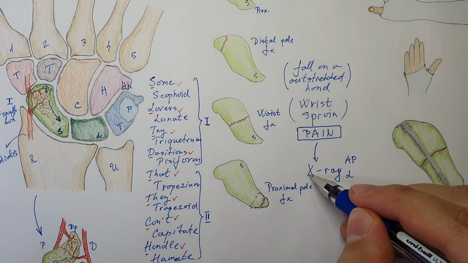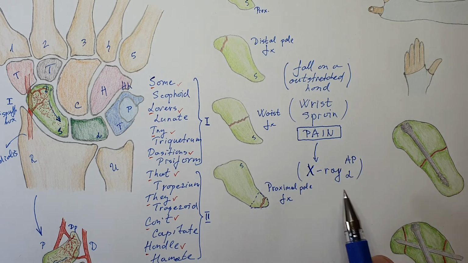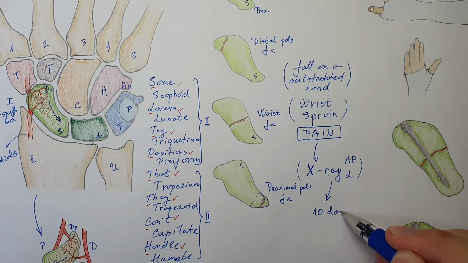This is the trick. So you need to immobilize the patient, put them into a cast, and then repeat an X-ray after 10 days.